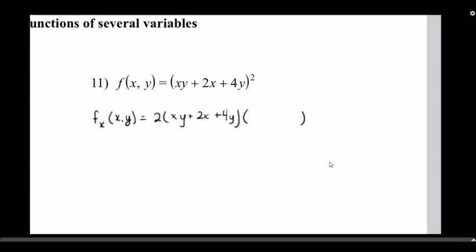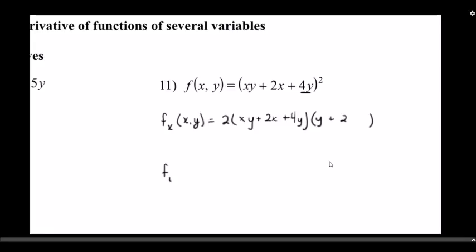And since we're taking the derivative with respect to x, we can think about the y not being there for a minute. The derivative of x is 1, and then 1 times y is y. Here the derivative of 2x is 2, and then the derivative of 4y. With respect to x, remember y is just a number. 4 and y are both numbers, and the derivative of a number is 0, so it's y plus 2.